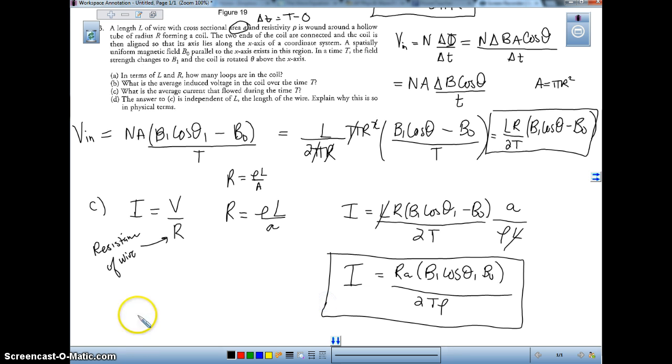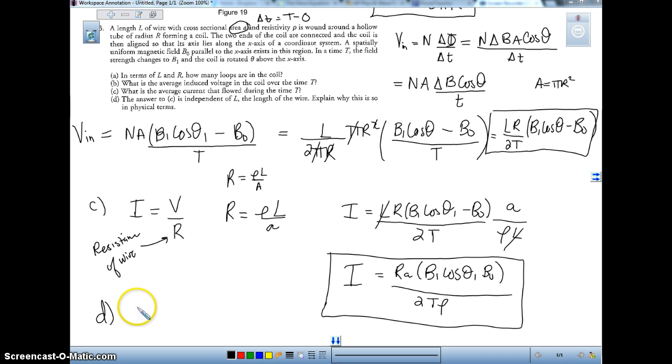There we go. Now part D asks, why is it independent of L? Two things. First of all, you can see that the L's cancel. That is what they refer to as the independent of L part. But basically, in short, what happens is that it is related to both voltage and resistance.